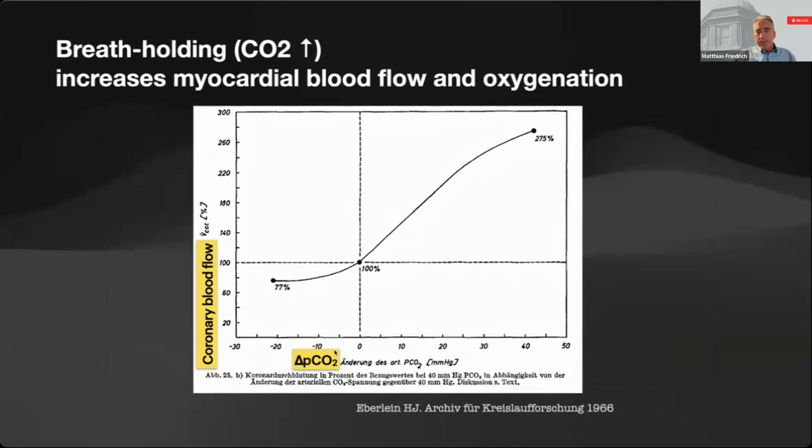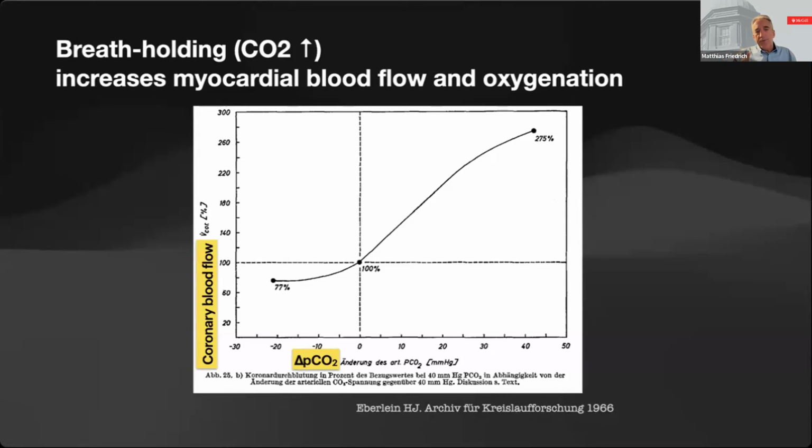If you increase carbon dioxide or you reduce it, you change coronary blood flow. Why? Because carbon dioxide acts as a vasodilator in the brain and the heart, and almost exclusively there.